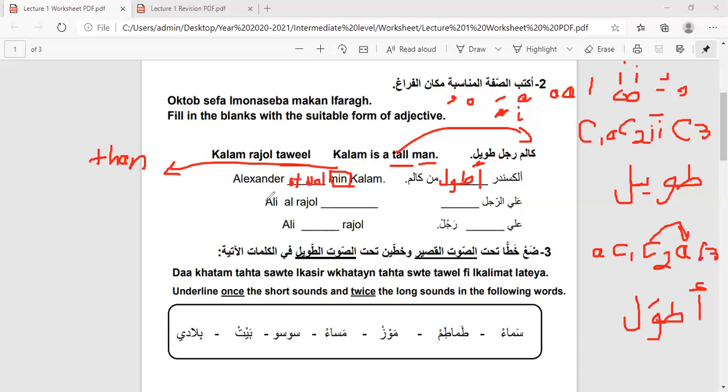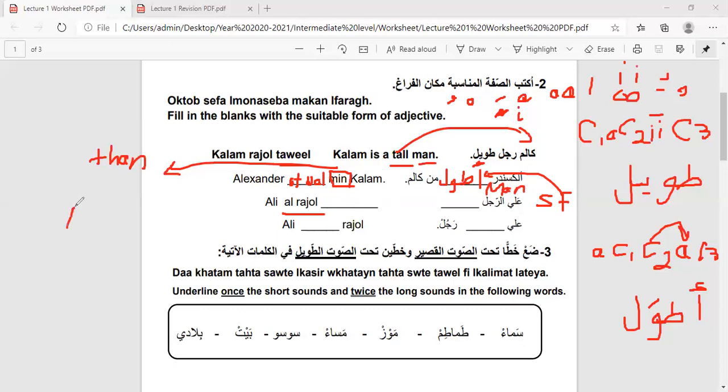Ali al-rajul. Now this is the superlative form. After the comparative form, I'm going to form the superlative form from the comparative form. Al-rajul means a man. So here we started with a noun.